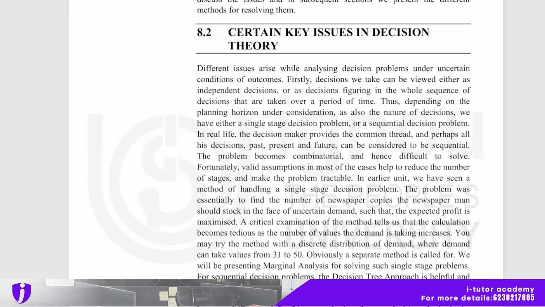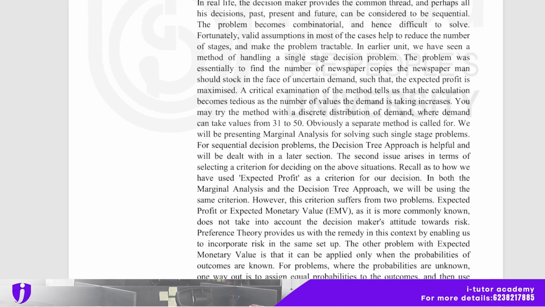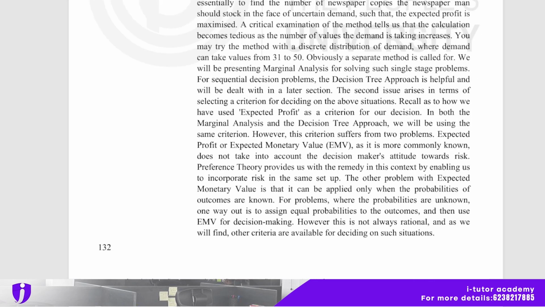A critical examination of the method tells us that the calculation becomes tedious as the number of values the demand takes increases. However, this criterion suffers from two problems: the expected profit, or expected monetary value as it is more commonly known, does not take into account the decision maker's attitude towards risk.